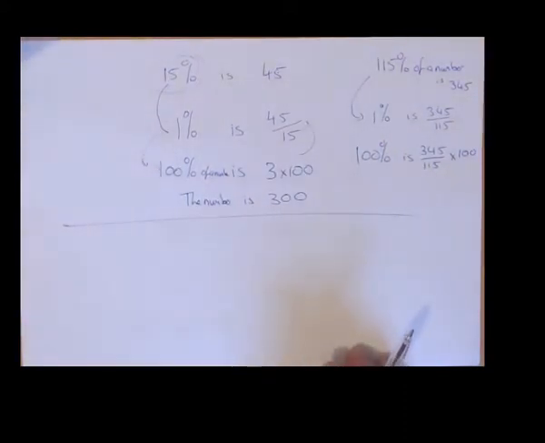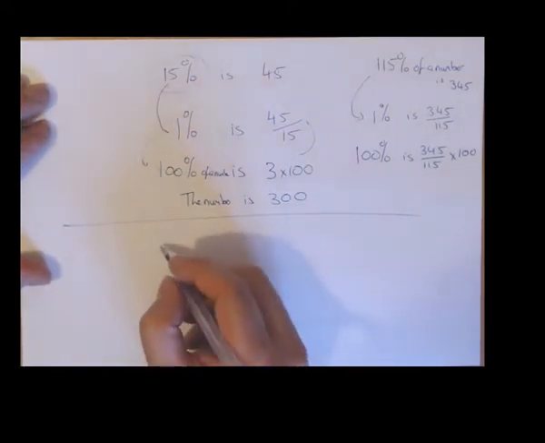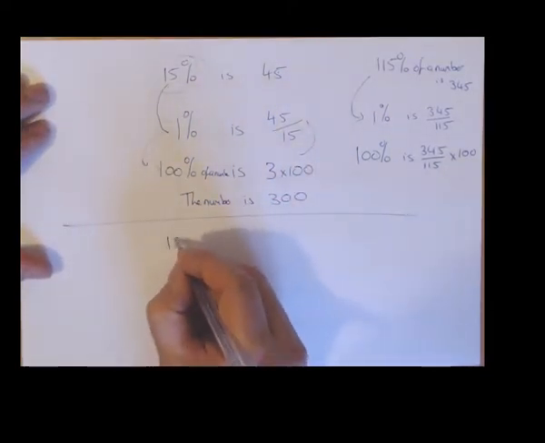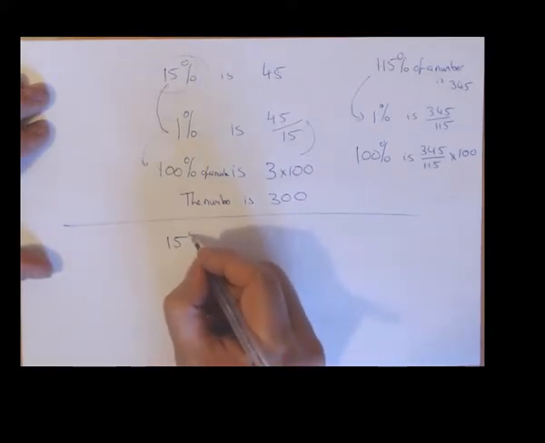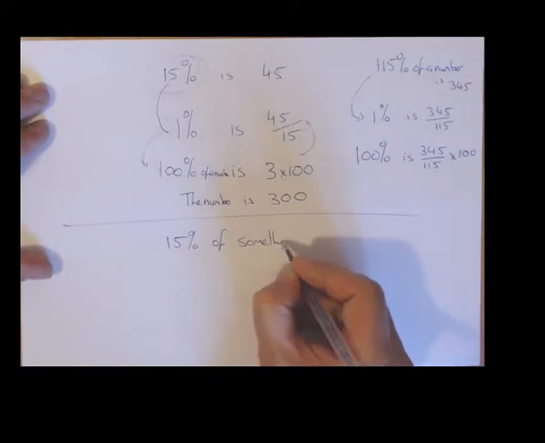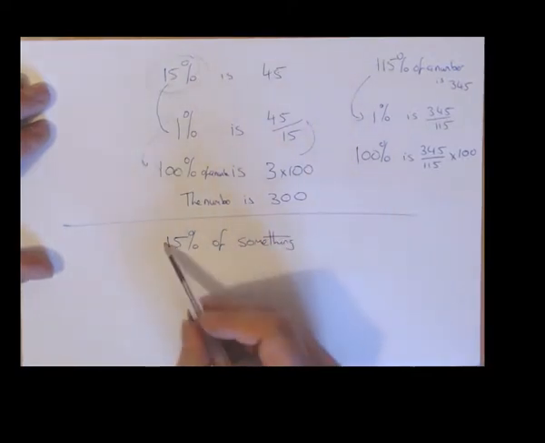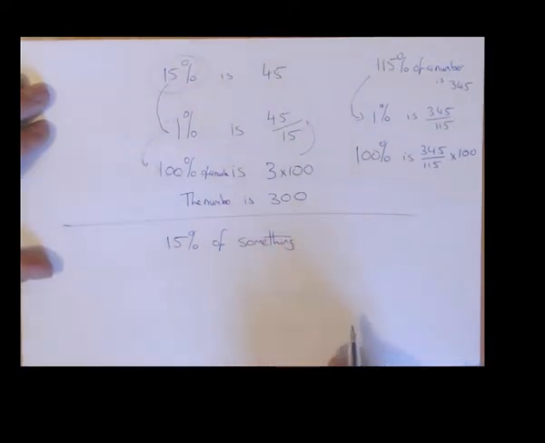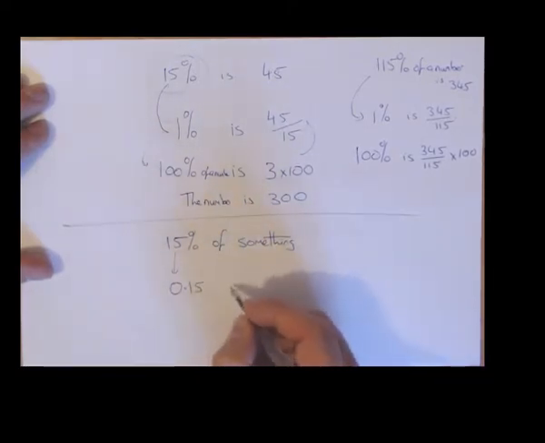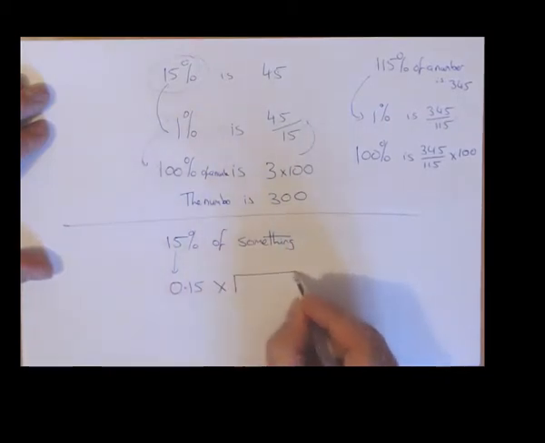Now, there's another way of doing this. If we're told that 15% of a number is 45, well, how do we find 15% of a number? Well, we know from finding percentages of something in the previous section, we write this as a decimal, which is 0.15, and we multiply by this number.